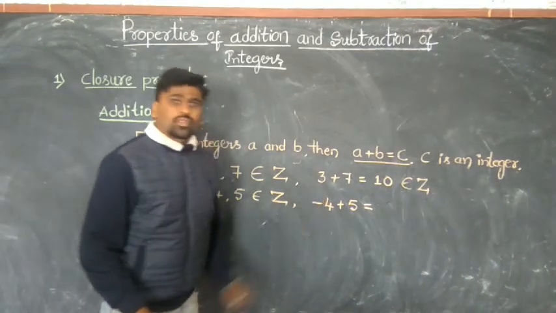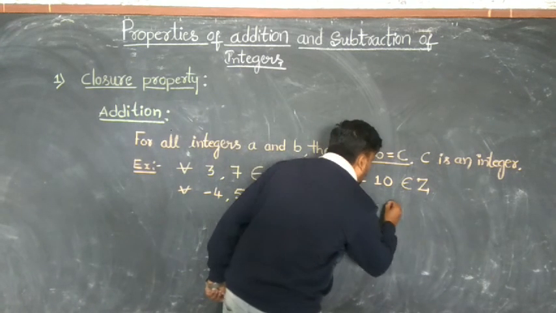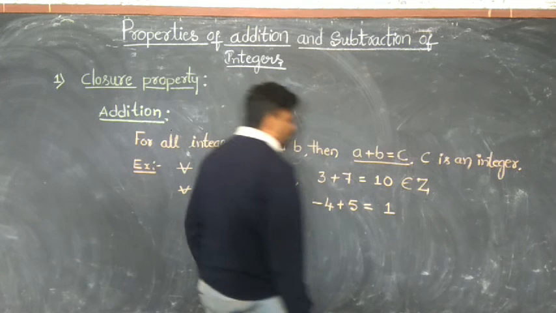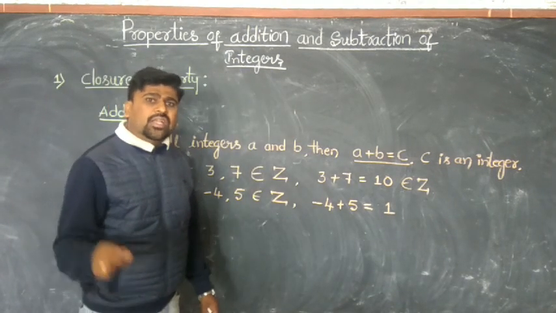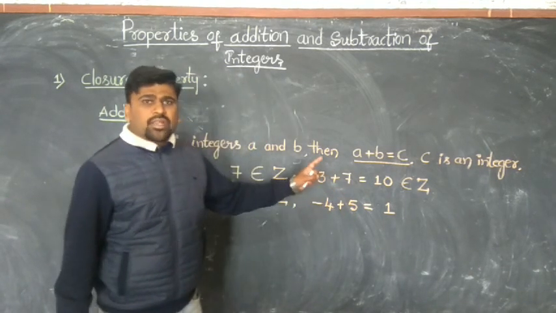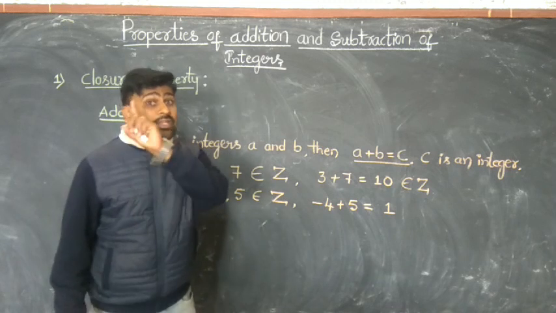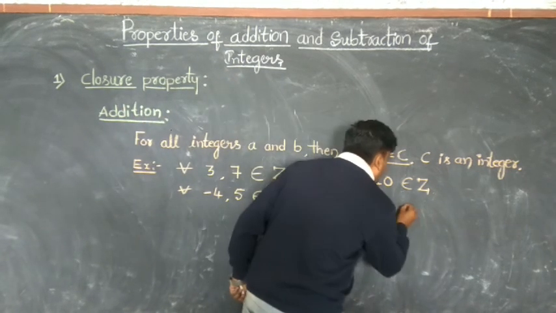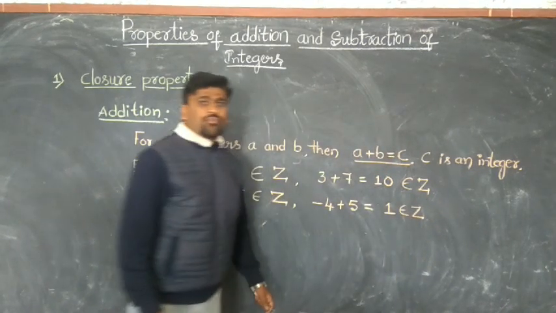Different symbols, so we have to subtract. 5 minus 4, the answer is 1. For different symbols, we put the sign of the bigger number. Here the bigger number is 5, the sign is plus, therefore the answer is plus 1. 1 is also an integer and belongs to Z.